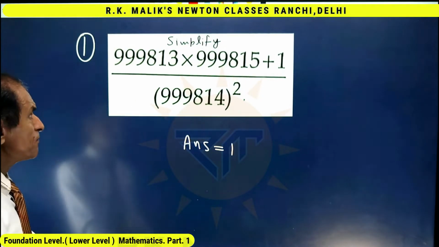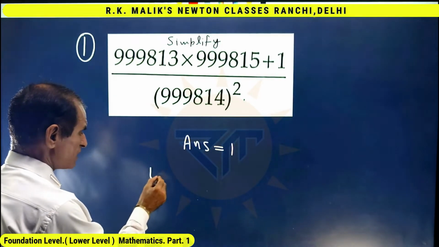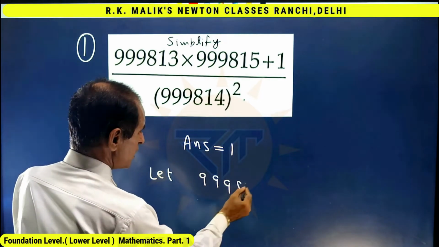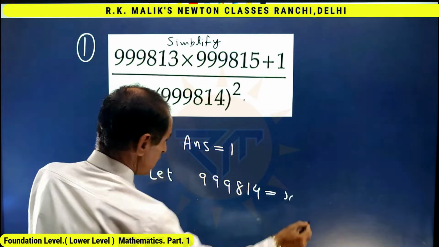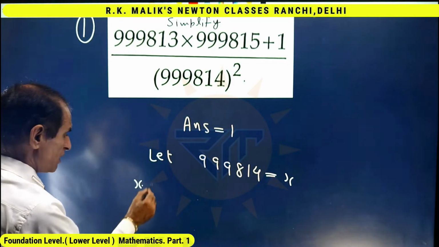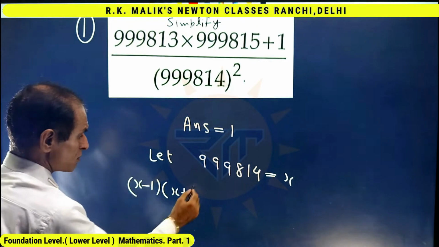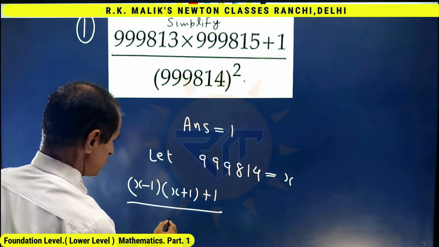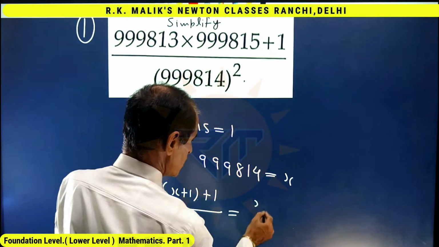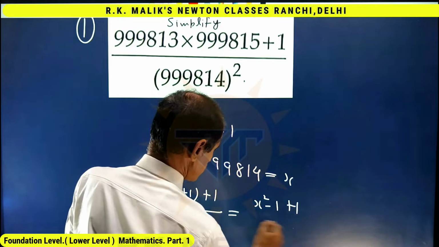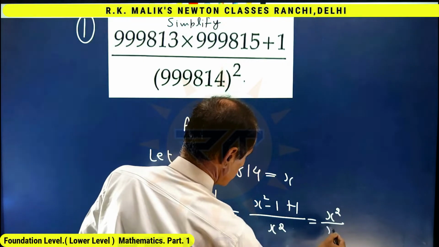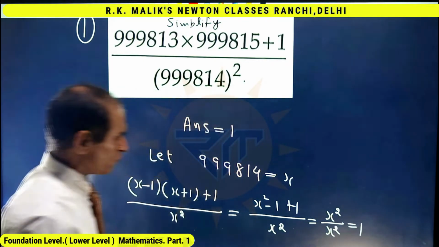To simplify it, for the time being, let us suppose that 999814 is equal to x, and the question will reduce to x minus 1 into x plus 1 upon x square, that is x square minus 1 plus 1 upon x square, that is x square upon x square, that is equal to 1.